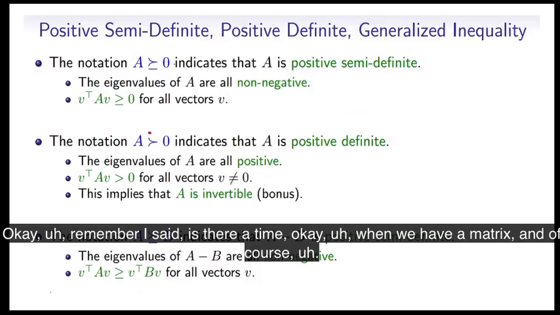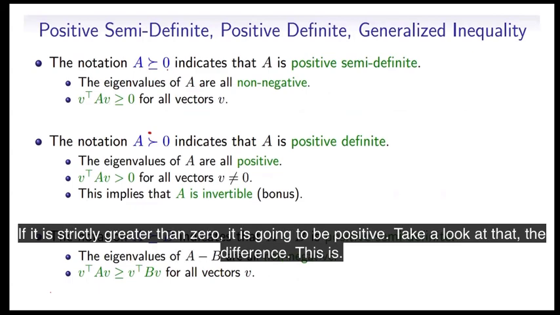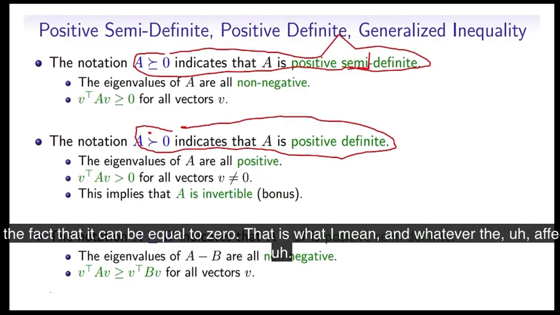When we have a matrix that is greater or equal to zero, or the eigenvalues of that are greater or equal to zero, you have a positive semi-definite. If it is strictly greater than zero, it is positive definite. Take a look at the difference. This is positive definite, but when it includes zero, it is positive semi-definite. The semi is the fact that it can be equal to zero. That is what I mean.